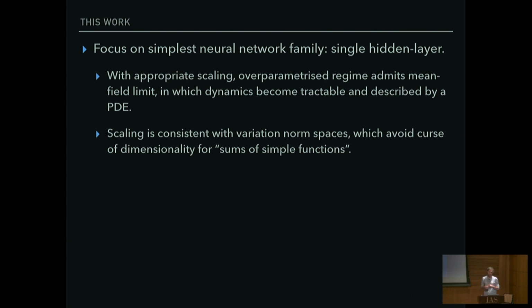And so in today's talk, I am going to argue that even if you look at the simplest possible neural network architecture, just a single hidden layer, there are still mysterious questions. We haven't understood everything there is to know about this model, and I'm going to try to justify that claim.